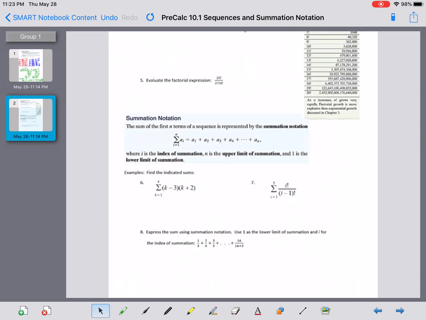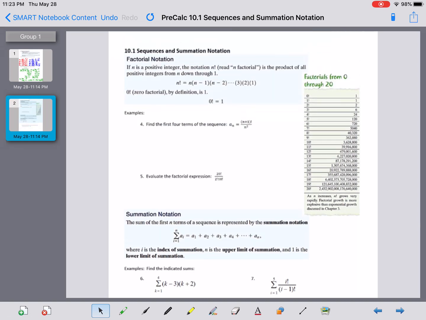All right, so at the top of this page, we're introducing factorial notation. Factorial notation: n is a positive integer, and the notation n with that exclamation point, we read it n factorial. It means the product of all positive integers n, notice this is positive, down through 1.